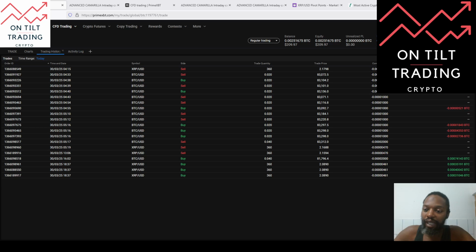I knew I had my stop on, but still this one I could have probably only lost half as much. But all in all, this is this trade right here.